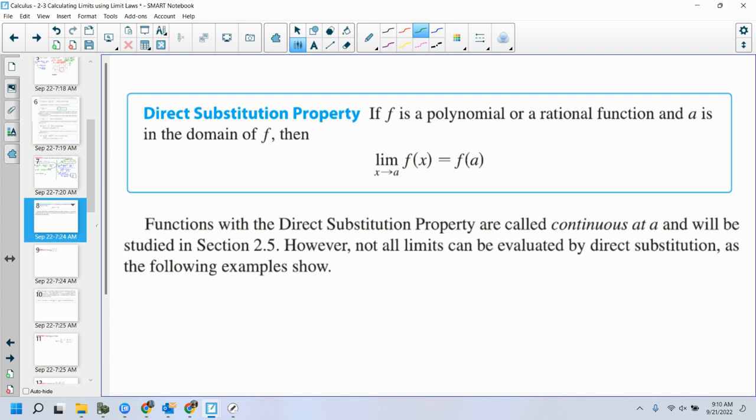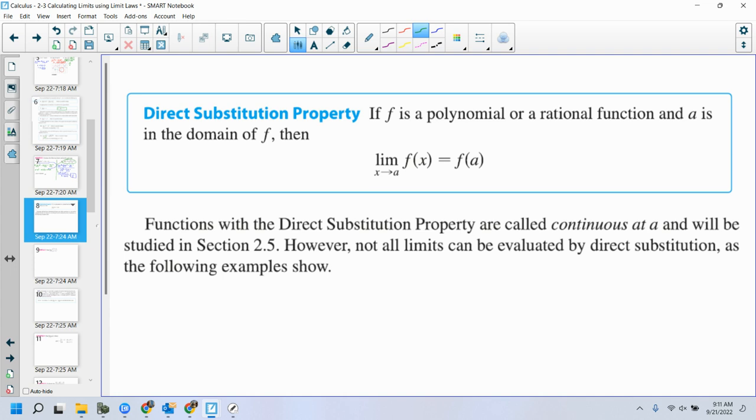If f is a polynomial or rational function, now again, notice the caveat there. Polynomial or rational function. If f is a polynomial or rational, and a is in the domain, those are two sticking points there. It has to be polynomial or rational for now. You might learn that we can apply this to other types of functions as well.